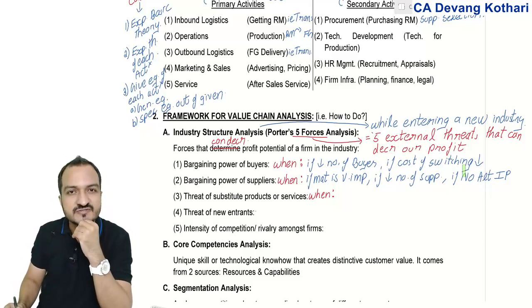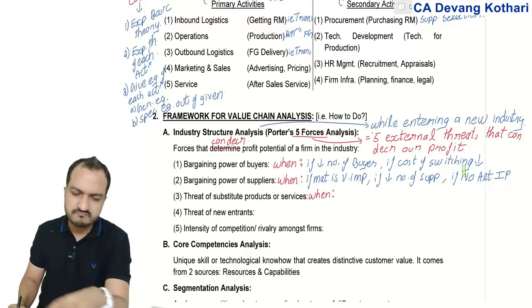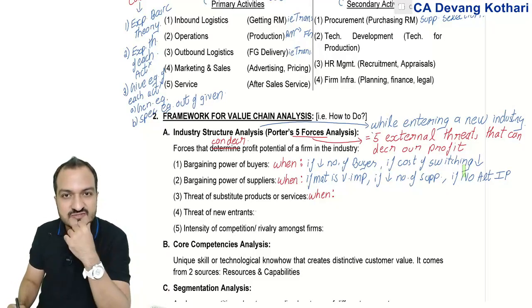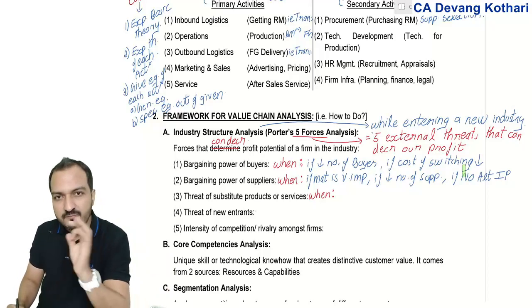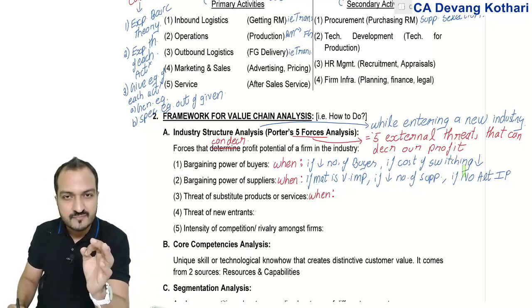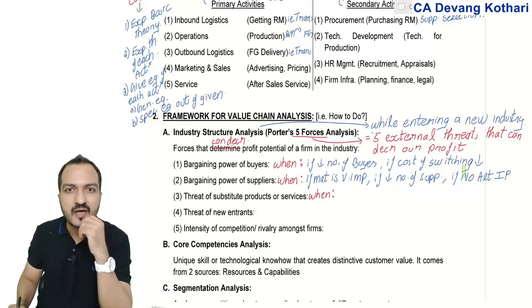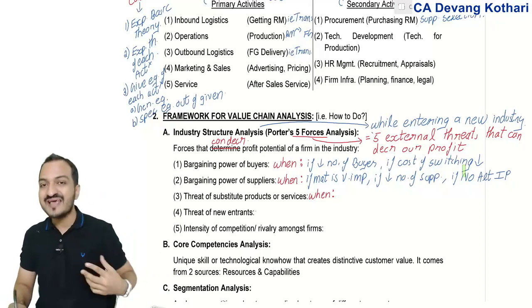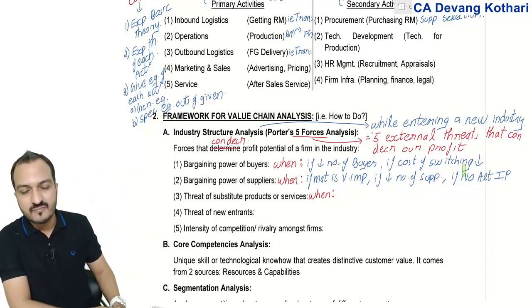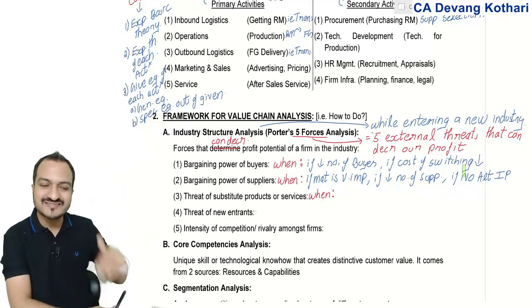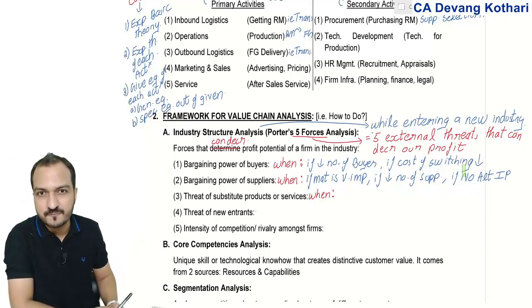Say term insurance. If I buy a term plan from, say, ICICI Insurance, then after buying that term insurance, the cost of switching supplier is very high. Why very high? Because say I purchased insurance at the age of 25. I started that insurance when I was 25 years old. Today I'm 36 years old.